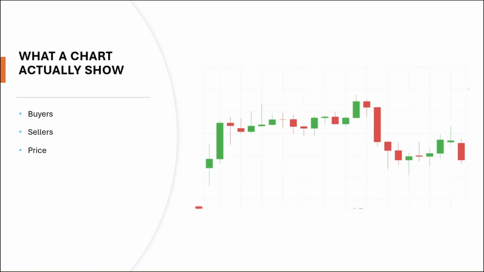So when you look at the chart, you are seeing where buyers stepped in, where sellers took control, where price struggled and where price accelerated. Instead of seeing random lines, start seeing behavior. Try to understand at each level what is happening: whether buyers are coming in or sellers are active, whether institutions are buying or it is a sideways zone.